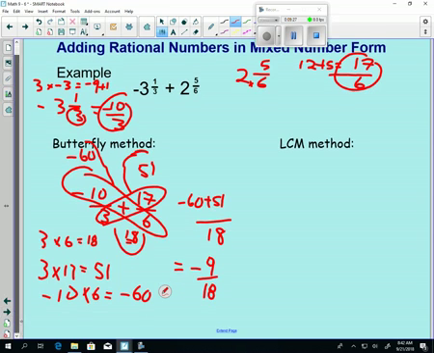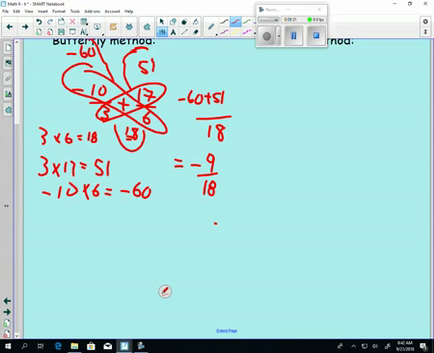Always check and see if you can simplify that. If we divide both by 9, we can simplify that. 9 divided by 9 is 1, but it's a negative 1. And 18 divided by 9 is 2. So we can have a minus 1 over 2 or minus 1/2. That's the same thing.